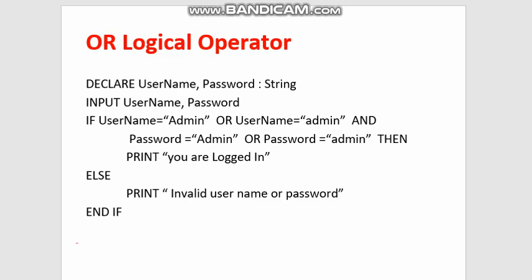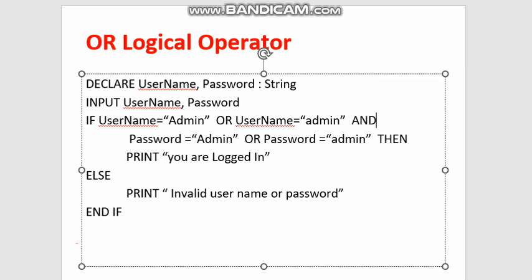For the OR logical operator, if any of the conditions is true, then the answer is true. Like if username is admin, small admin or capital admin, it's fine, both are acceptable. And password is either small admin or capital admin, it is also fine. But there is an AND operator in between.